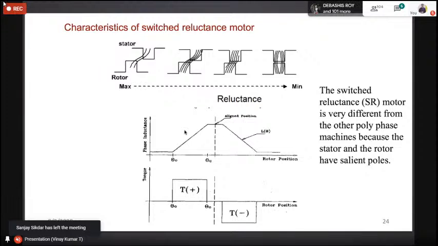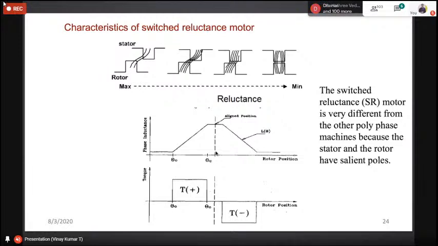Because of the salient structure in the stator core and rotor core, the stator winding inductance with respect to the rotor pole is always like this, trapezoidal, right? For understanding purposes, take this zone, theta naught to theta c. In this zone, inductance is variable. So whenever rotor poles enter this zone, immediately you need to excite the stator winding.